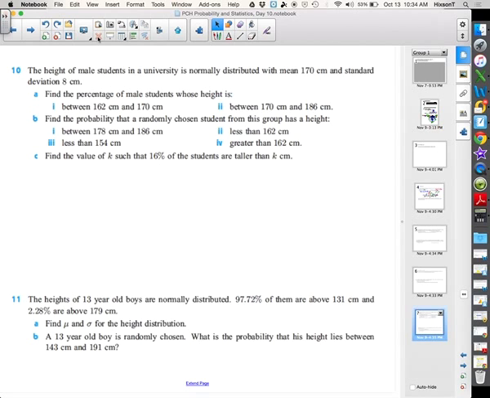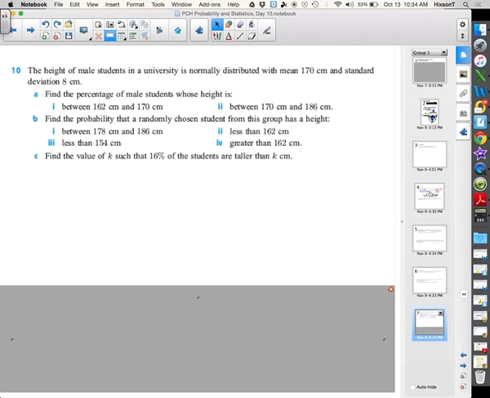Let's try number 10. Take a few minutes. Make sure you sketch your bell curve, okay? Put your mean down, go 3 standard deviations away from the mean, and write in those percentages, okay?